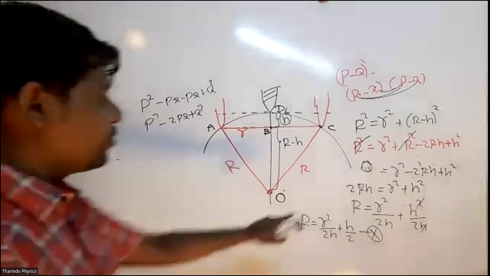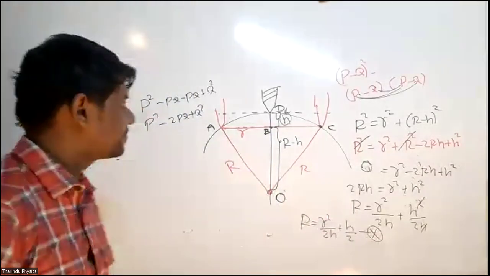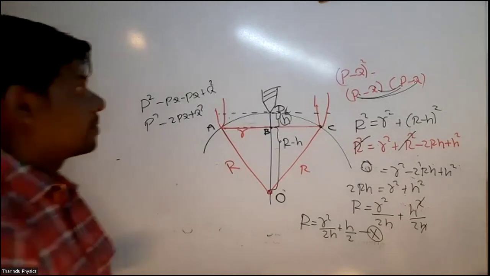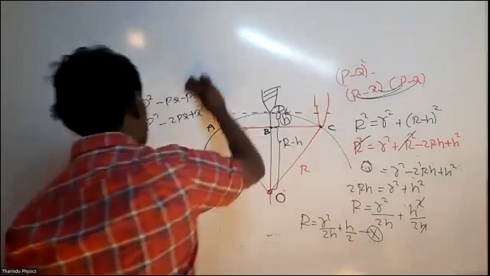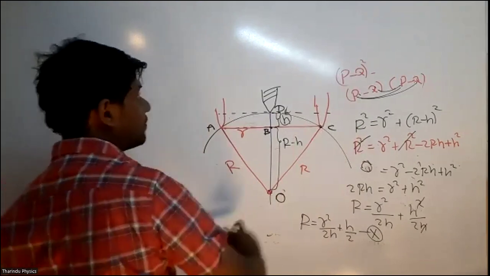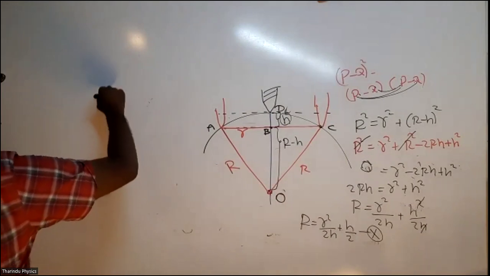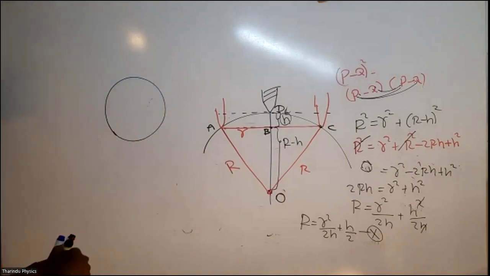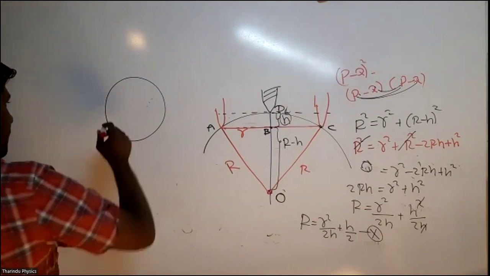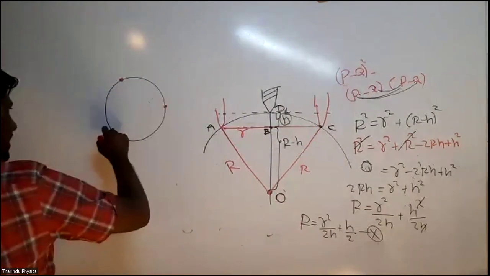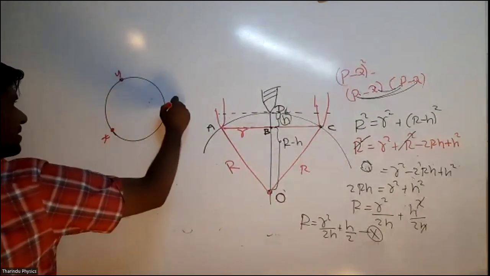Now, to remove simple R from the equation, we have to follow the following path. Have a good look. It is like x, y, z.